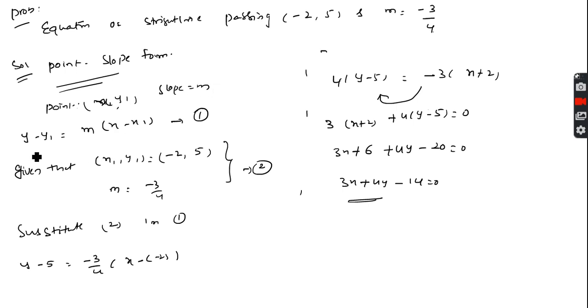The main formula is y minus y1 is equal to m into (x minus x1), and it is given that x1, y1 is (-2, 5) and m equal to minus 3 by 4. We just substitute equation 2 in equation 1 and simplify. Finally we get 3x plus 4y minus 14 equal to 0.